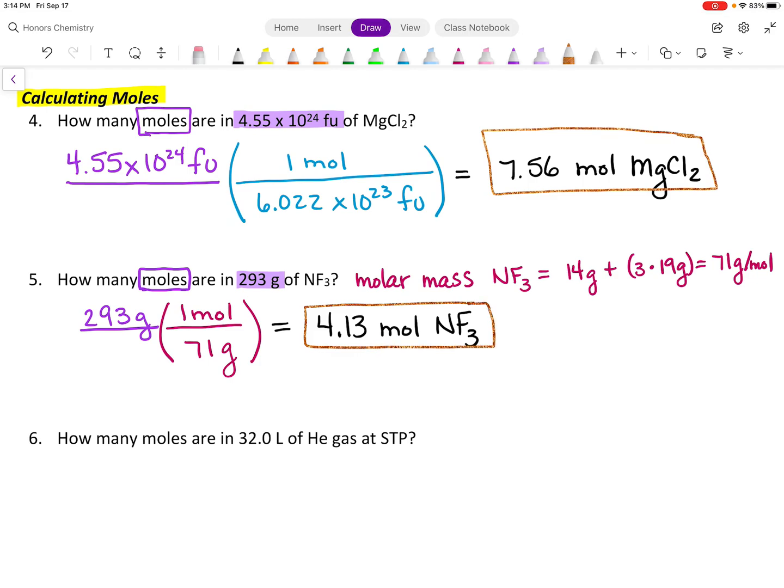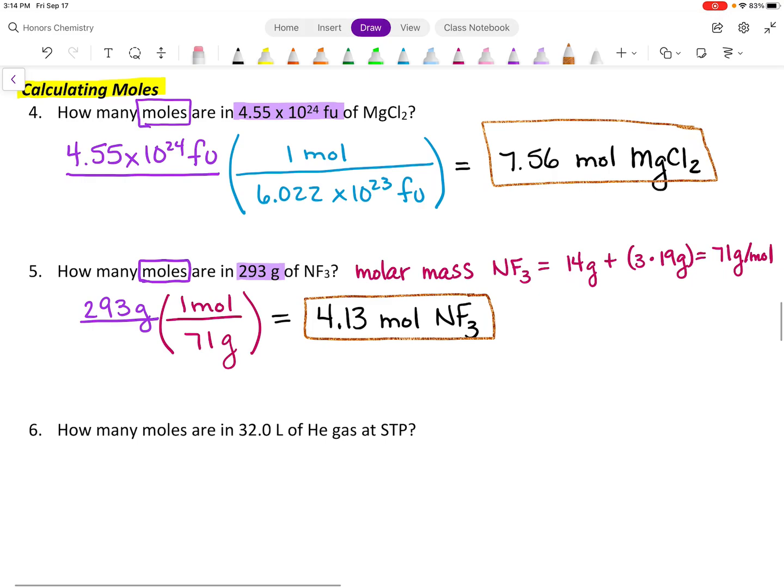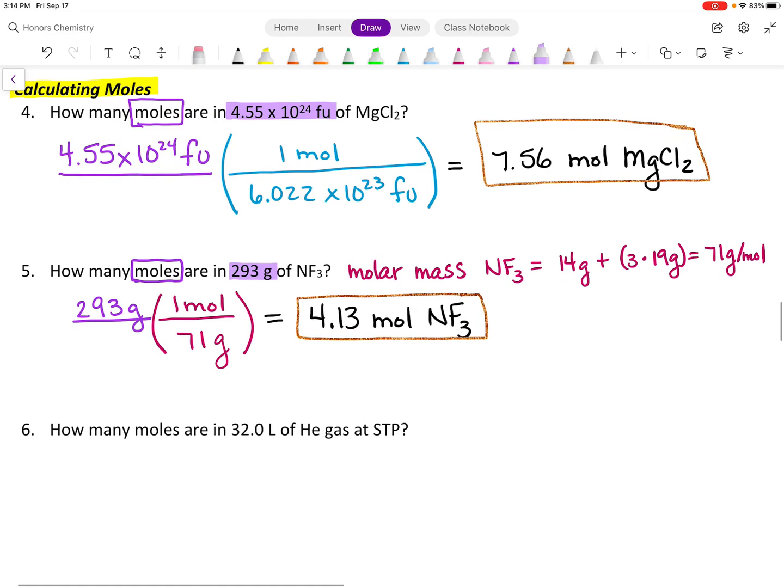All right, last one in this video. How many moles are in 32 liters of helium gas at standard temperature and pressure? So 32 liters. We again want to know moles. We're going to use that molar volume. So 32.0 liters.